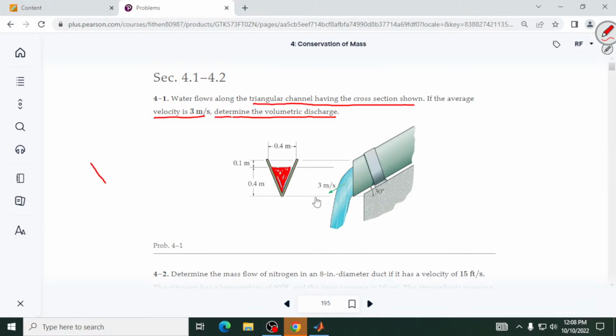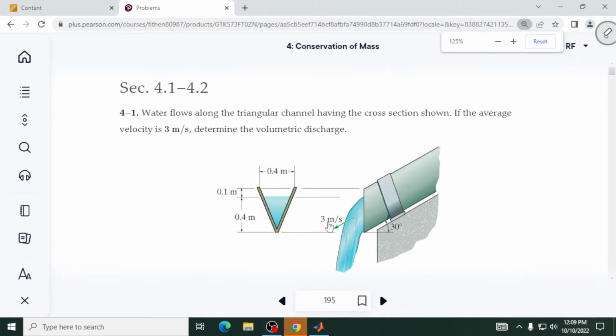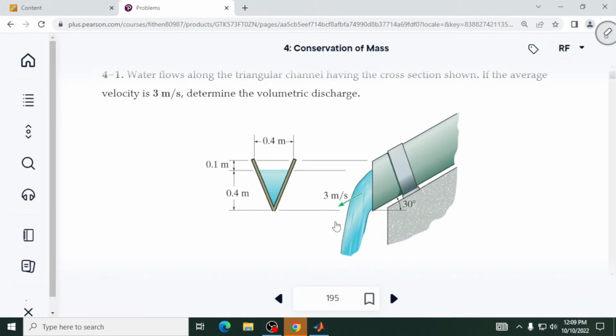So the area of this triangle, if I were to increase it more, if I were to look at that, that would be 0.2.